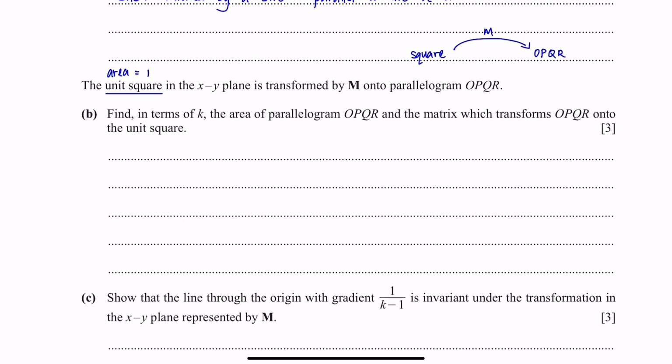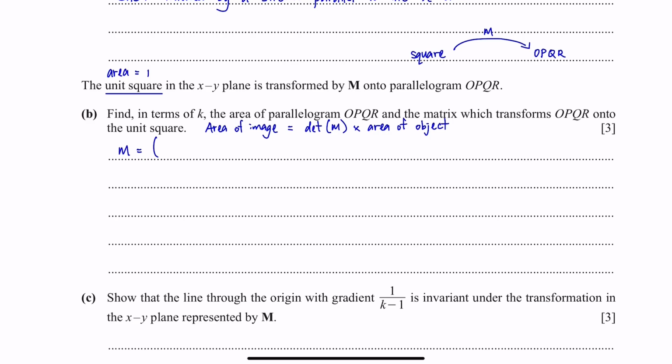So now we need to find the area of the parallelogram, and the area of image is just the determinant of whatever that transforms it times the area of object. And in this case, the area of object is 1. So the area of OPQR is basically just the determinant of M. So let's just find what M is.